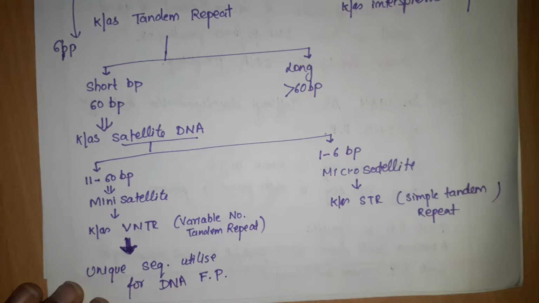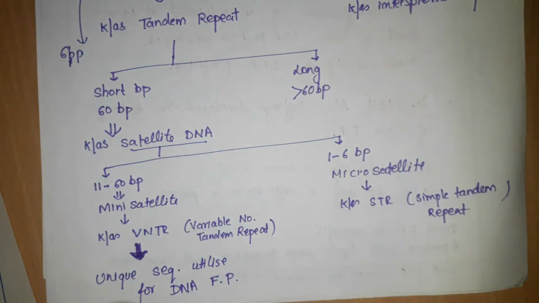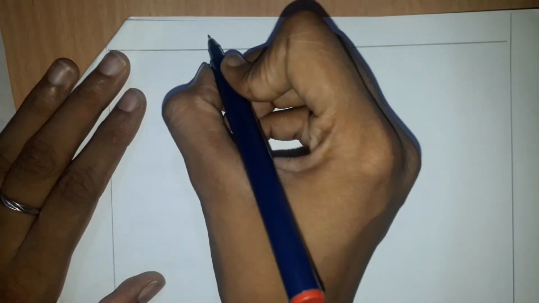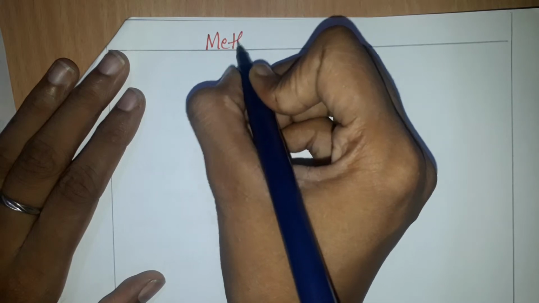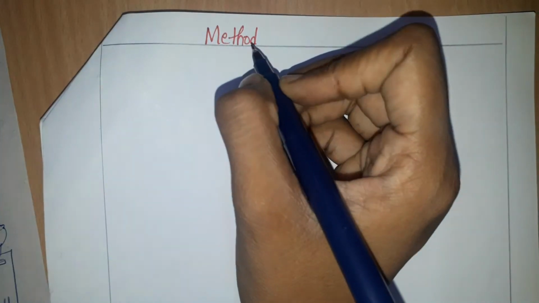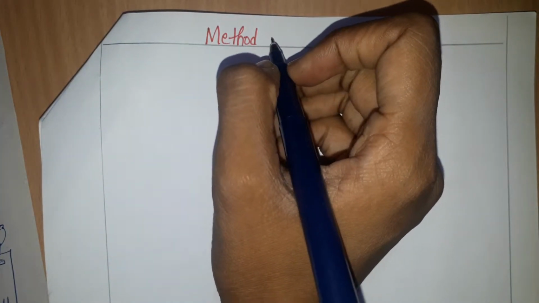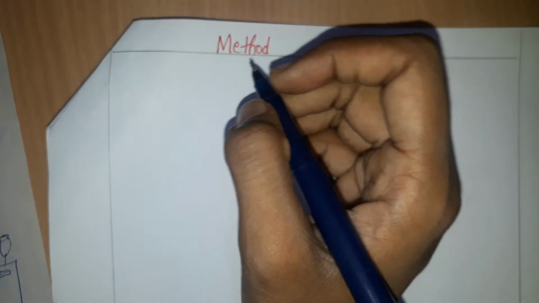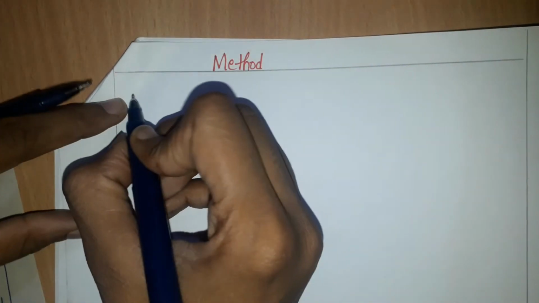Okay. Now we will see the method of DNA fingerprinting. For this, first we have to isolate the DNA.